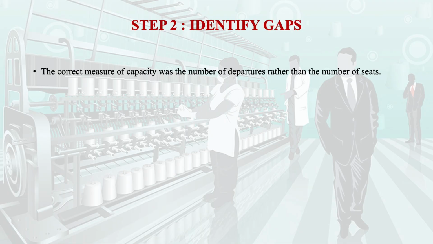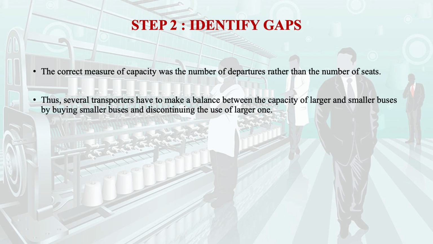So in the first point you will see that they identified the gap, but it was not feasible. The correct measure of capacity was the number of departures rather than the number of seats. Thus, several transporters had to make a balance between the capacity of larger and smaller buses by buying smaller capacity buses and discontinuing the use of the larger ones.